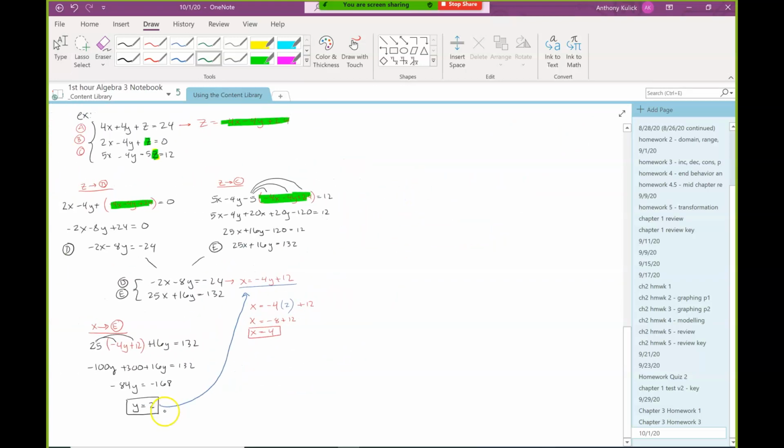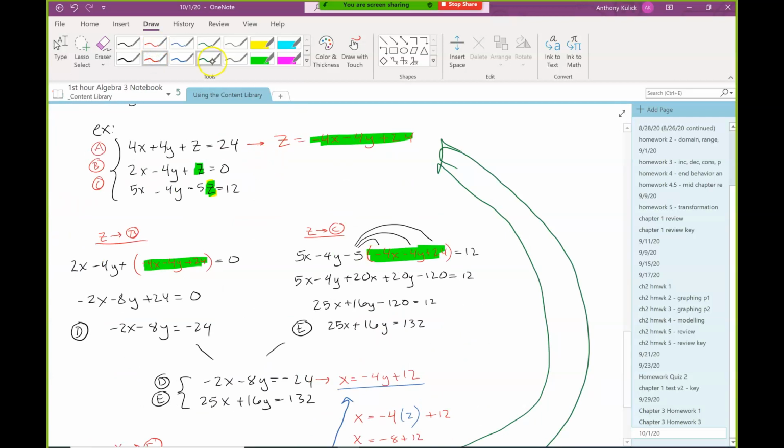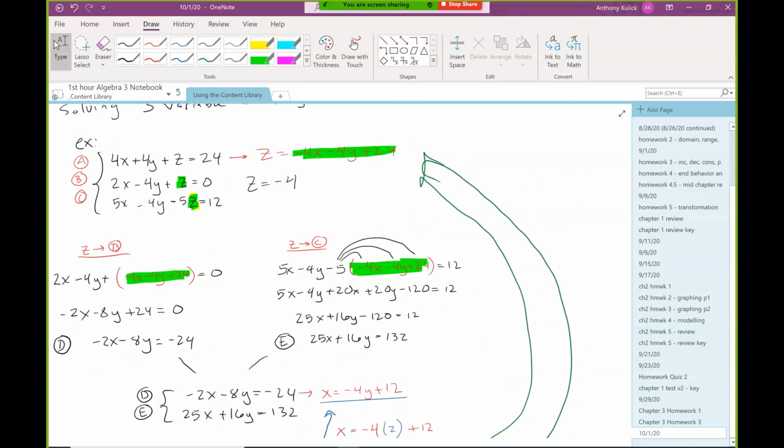And now I'm going to take y equals 2 and x equals 4 and plug them in here. So I have z equals -4, and then my value for x was 4. And then I have -4, and my value for y was 2. And then I have plus 24.